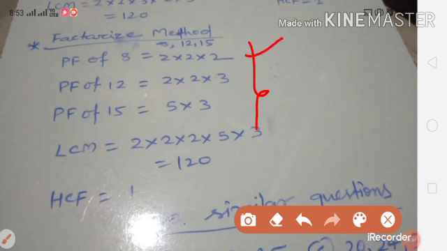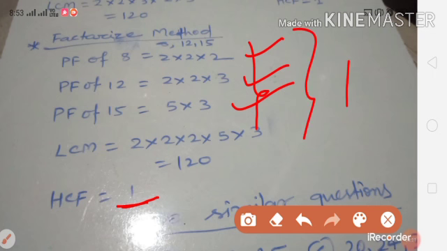So we see that only 1 is common in all, so we write 1. We should also pay attention that if 2 were common in all, then in this condition we would write 2. But here only 1 is common in all, so we write 1. So this is the HCF, highest common factor.